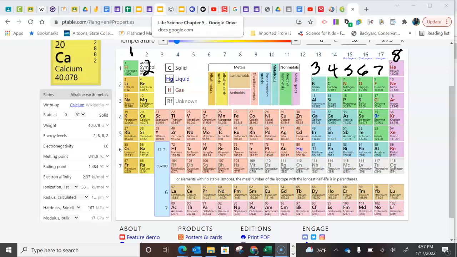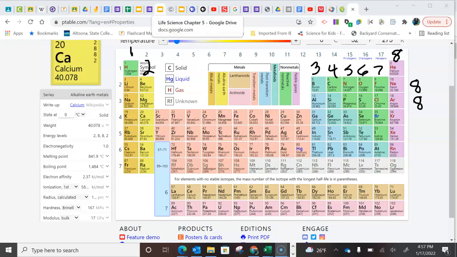If you want to know how many electrons go into it, so 1 electron is 1 shell. This opening shell only holds 2 electrons. The second shell holds 8 electrons.